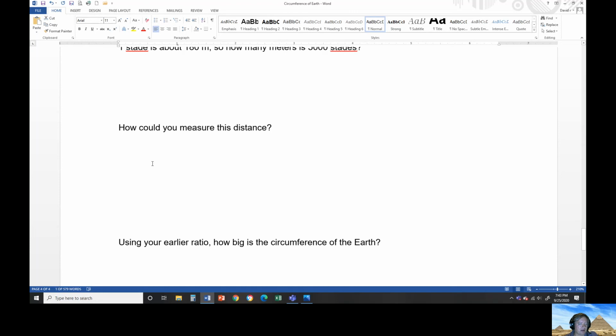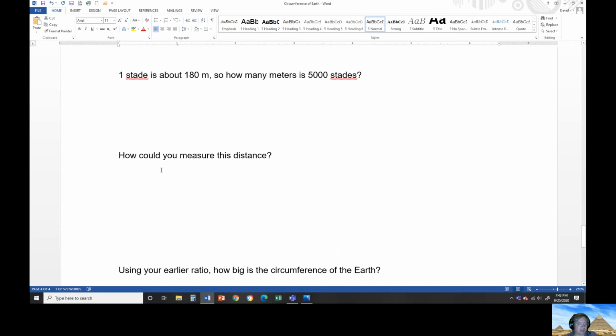Well, think about how you could actually measure, how did they get 5,000 stades? How could you calculate that distance? I want you to put in the answer before I actually tell you. So pause it, give me an answer. They knew this because Alexandria to Syene was a popular trade route, and the military would go this way.